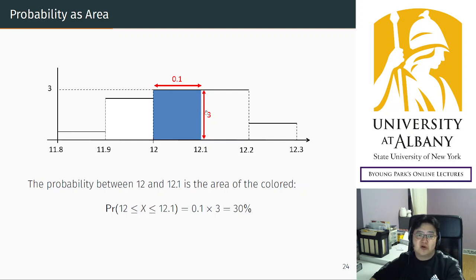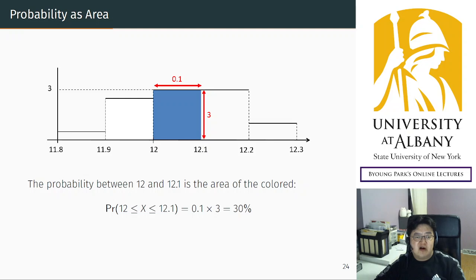The graph is taller here, and the higher point is 3 on the vertical axis. So 3 is the height and the width is 0.1. As a result, 30% is the area. The area is exactly the probability.